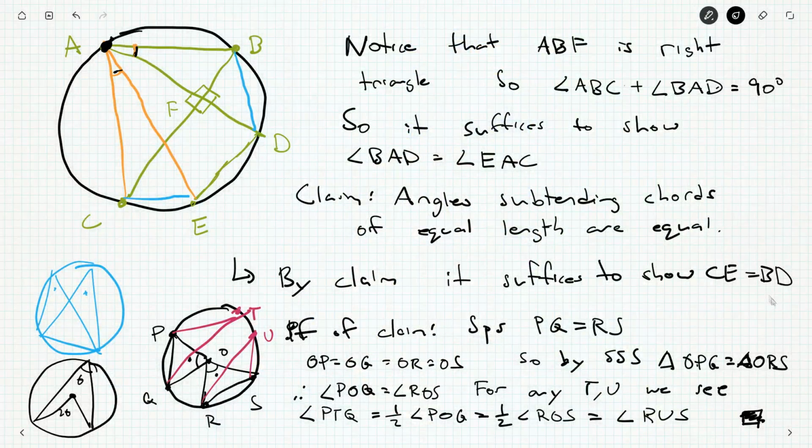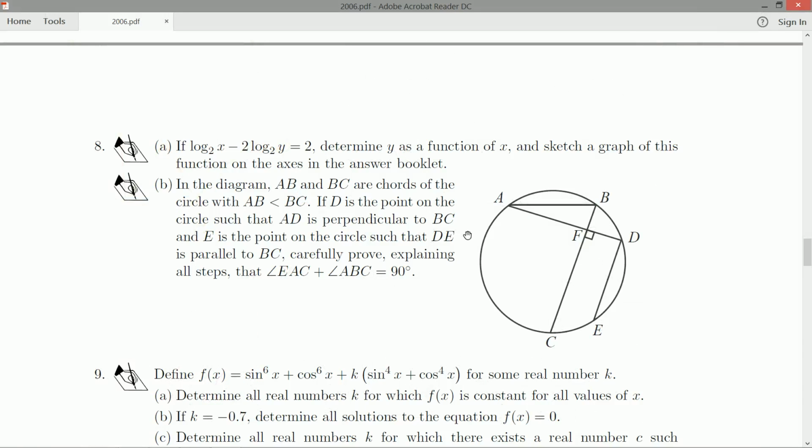One thing to note, I've used most of the information. I haven't used the fact that AB is less than BC. Is that a requirement? Like, I haven't used that fact, and does that help in any way?